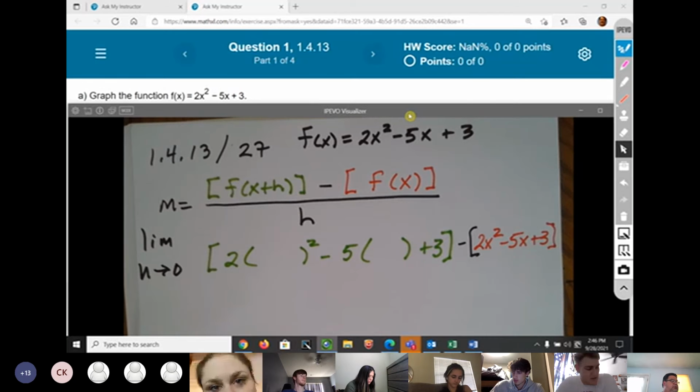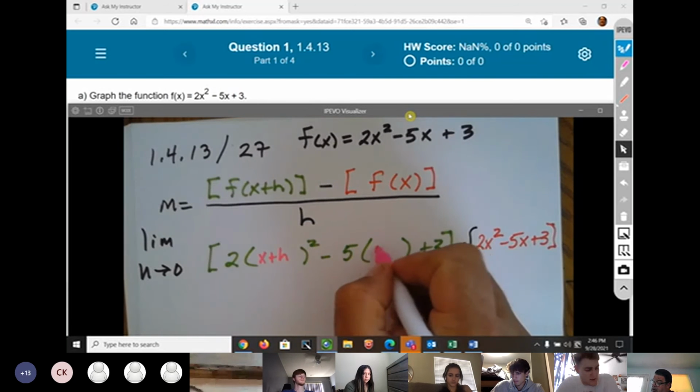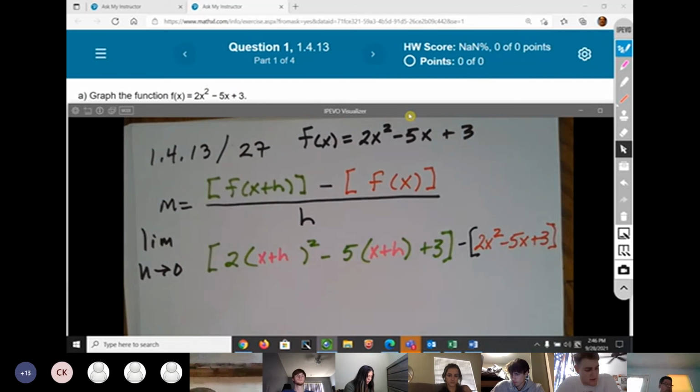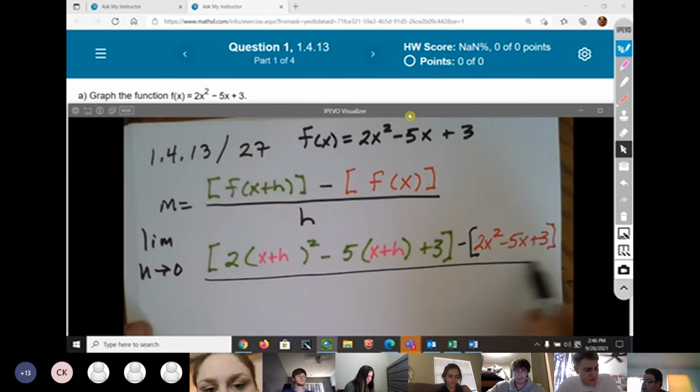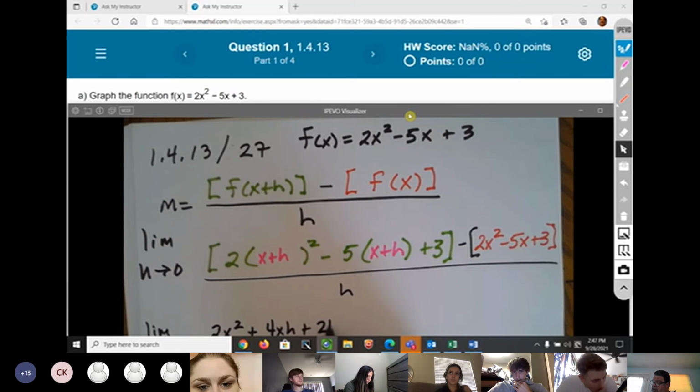Let me get a magenta color. And we're going to plug in x plus h there and x plus h there. And all this is over h. I'm going to skip a couple of steps. Limit as h approaches 0. That's going to be 2x squared plus 4xh plus 2h squared. Y'all check my algebra.